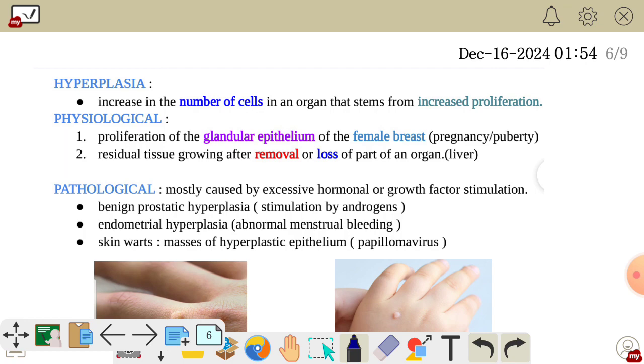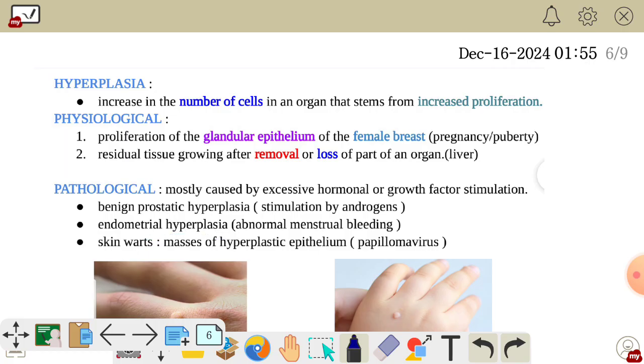But what is seen in endometrial hyperplasia is that the levels of estrogen are not reduced, so that will result in overstimulation of the endometrium. The proliferation of the endometrium will continue, and that will lead to abnormal bleeding during the menstrual cycle.